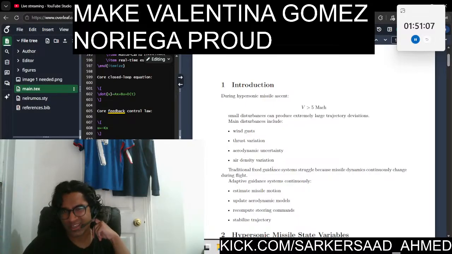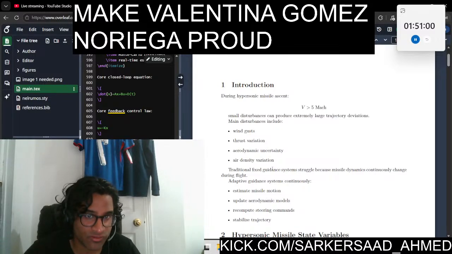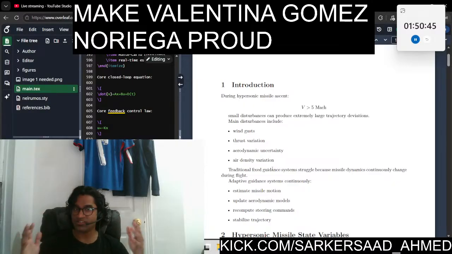Rare cases, but you never know. Anything can happen because at the end of the day, it's a hypersonic missile. The traditional fixed guidance system struggles because the missile dynamics continuously change during the flight. So the adaptive guidance system will continuously estimate the missile motion, update the aerodynamic models, recompute the steering commands, and stabilize the trajectory. All those points, consider that as one steering.